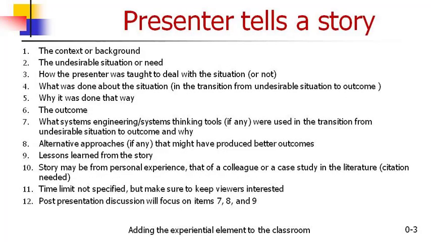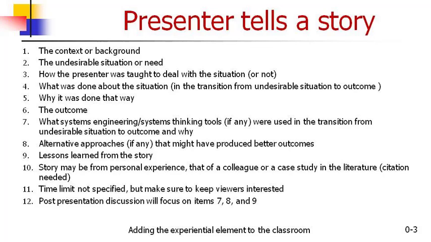So the exercise is to tell a story. The presenter tells a story, describes the context or the background to tell us what's going on, so we have the big picture view. Describe the undesirable situation or the need, then how the presenter was taught to deal with the situation or not, as the case may be, which I'll discuss in the next slide.